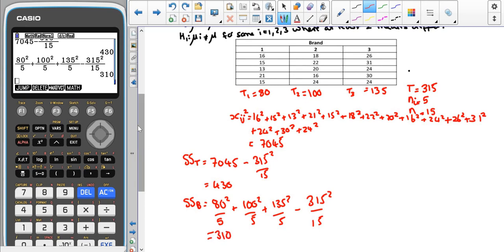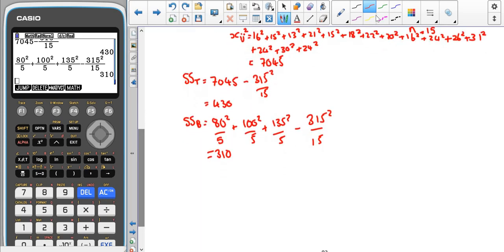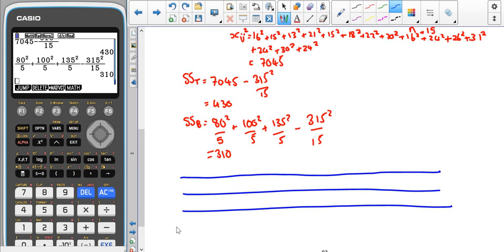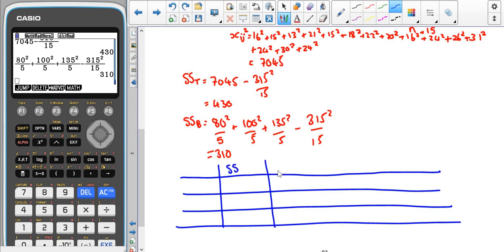And then we can start to make our table that we just saw on the previous page. So across the top, we are going to have our sum of the squares, followed by our degrees of freedom, followed by our mean of the sum of the squares, followed by our F ratio, which is going to be our test statistic.